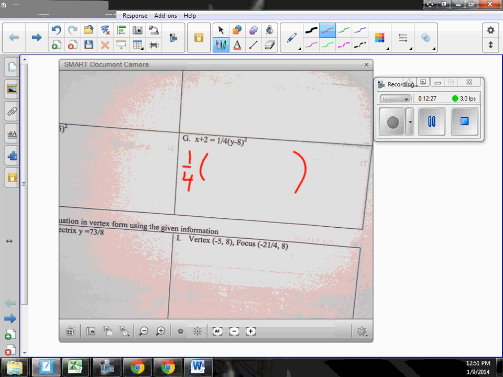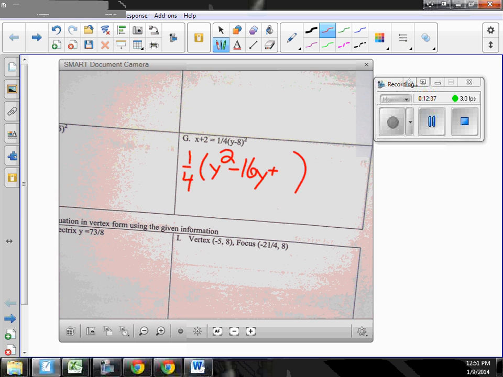So y squared minus 16y plus 64. And then on the end I have a minus 2.